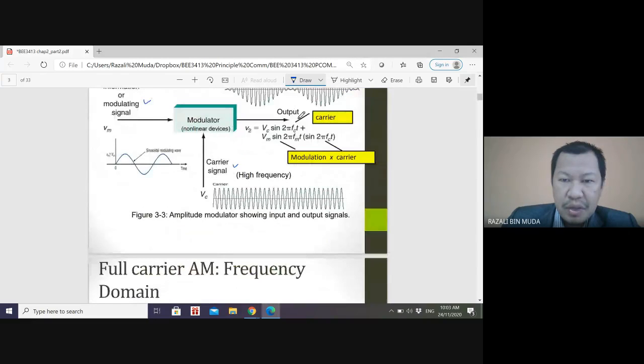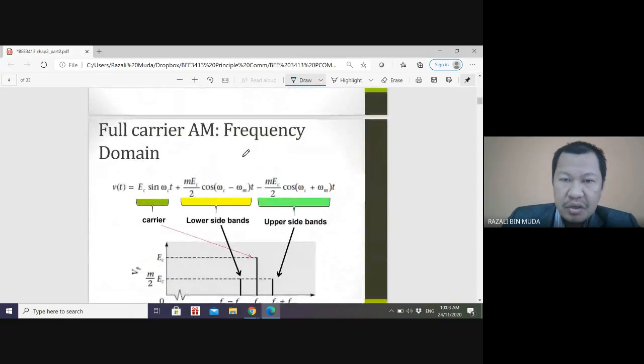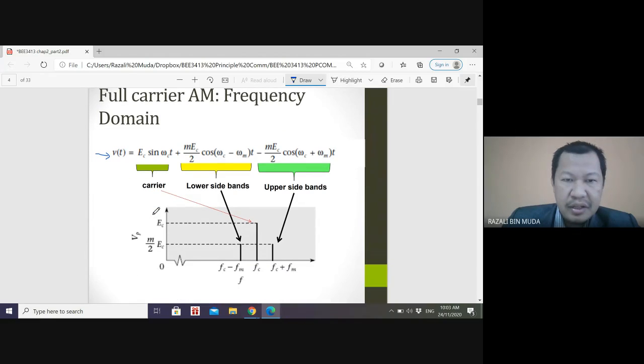When we expand this equation using trigonometry, we get this simplified equation for AM signal, where it has three components. First is the carrier part. The second part is the lower sideband, and the third part is upper sideband.